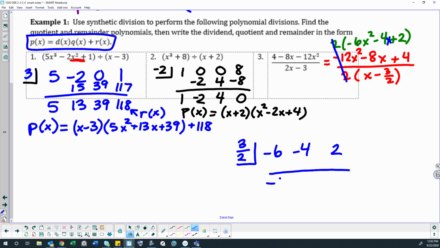Drop the negative 6. So negative 6 times 3 is negative 18 divided by 2 is negative 9. Did I do that right? Then negative 4 and negative 9 is negative 13. And negative 13 times 3 is negative 39 halves.